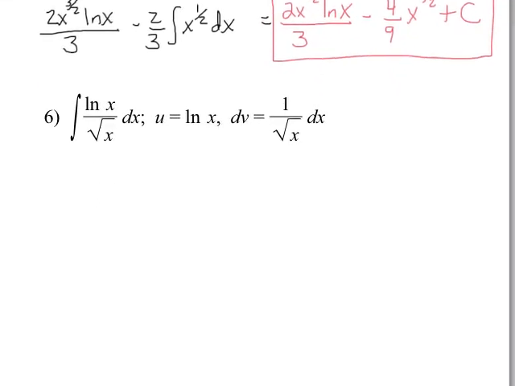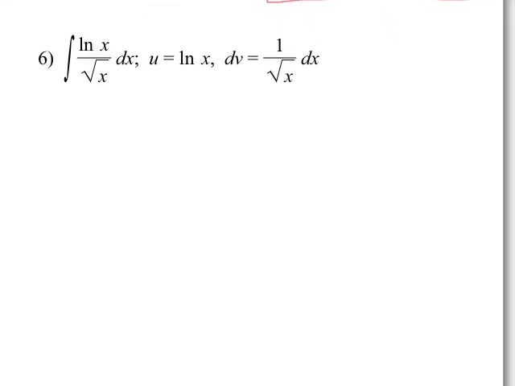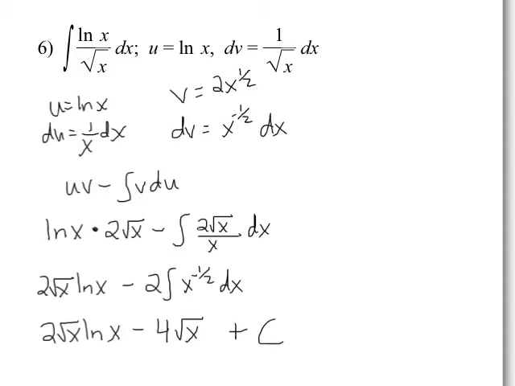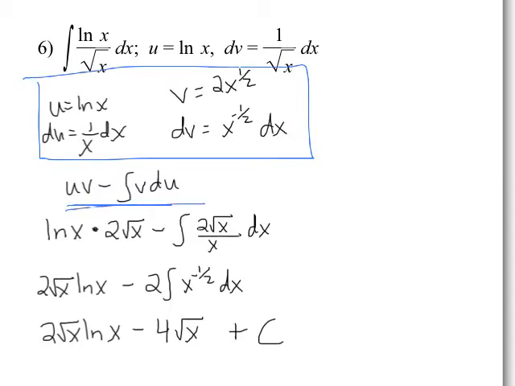Example 6 I'm going to do off camera, and so I would encourage you to pause it and take a shot at it, and then I'll show you my work. So go ahead and pause now. Okay, so I set up my chart, and then I substituted the values into the general equation, ultraviolet voodoo, and then I evaluated the integral and arrived at my final answer.